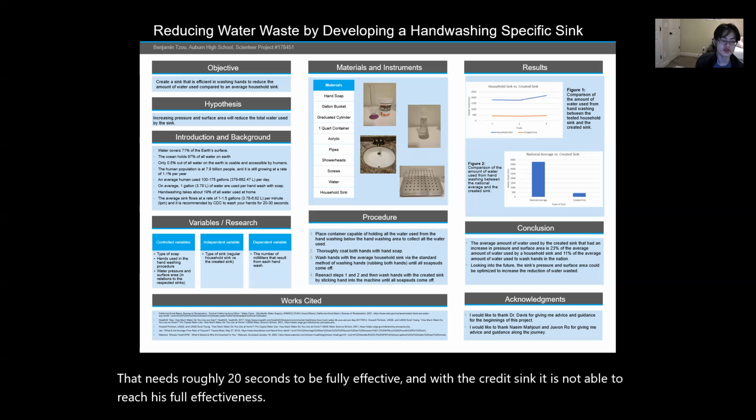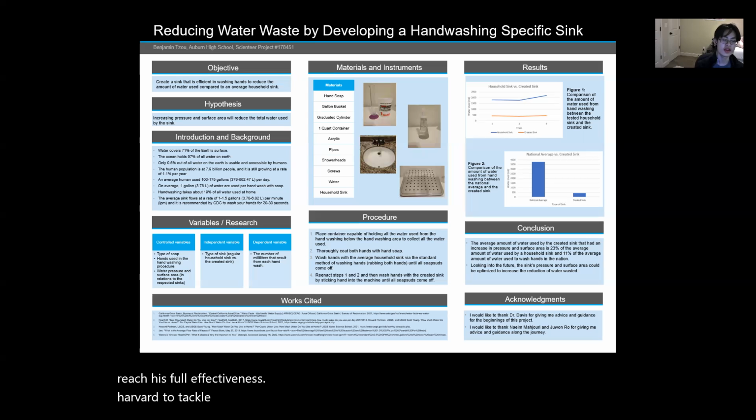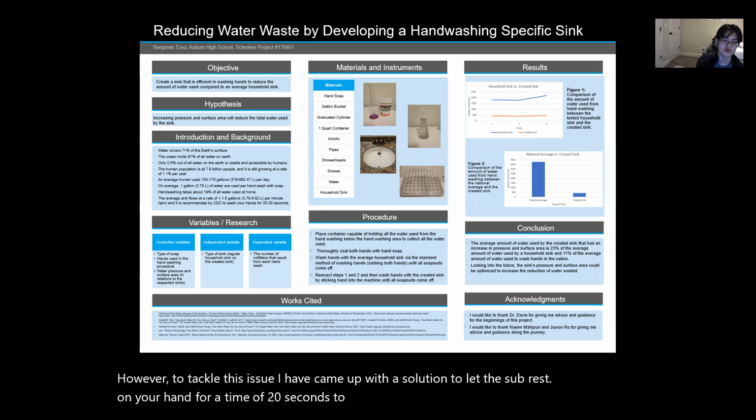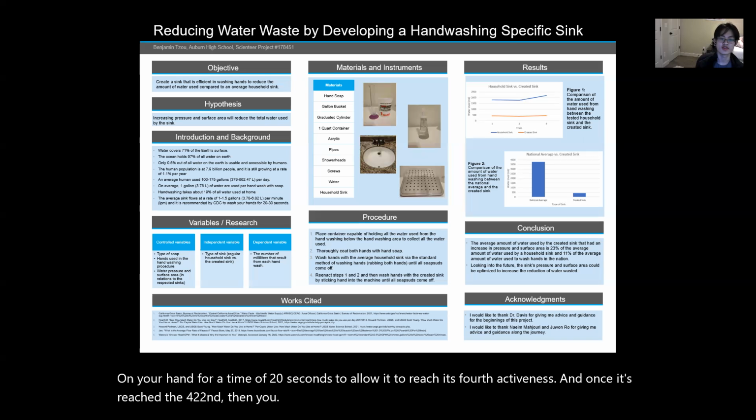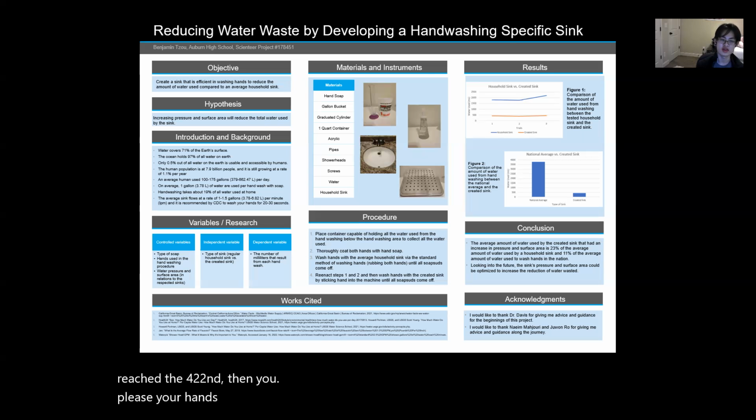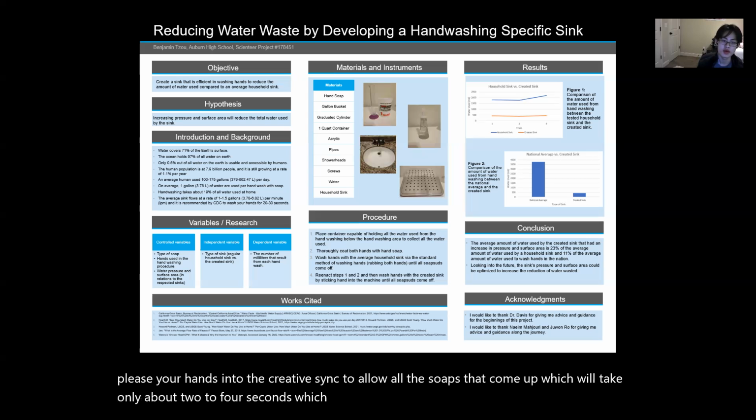However, to tackle this issue, I have come up with a solution to let the soap rest on your hand for 20 seconds to allow it to reach its full effectiveness. And once it's reached the full 20 seconds, then you place your hands into the created sink to allow all the soap suds to come off, which would take only about 2 to 4 seconds, which is very short.